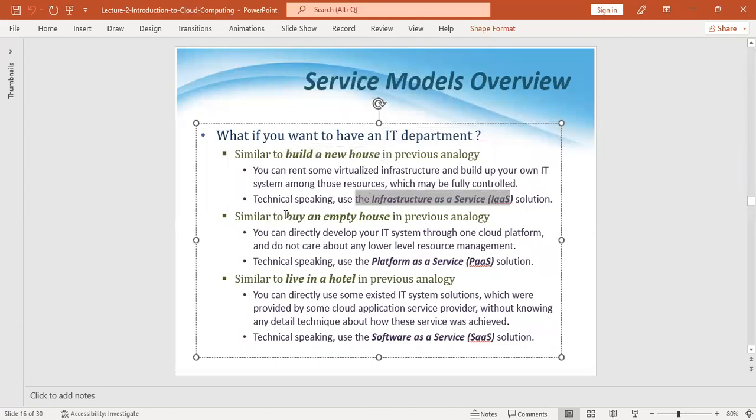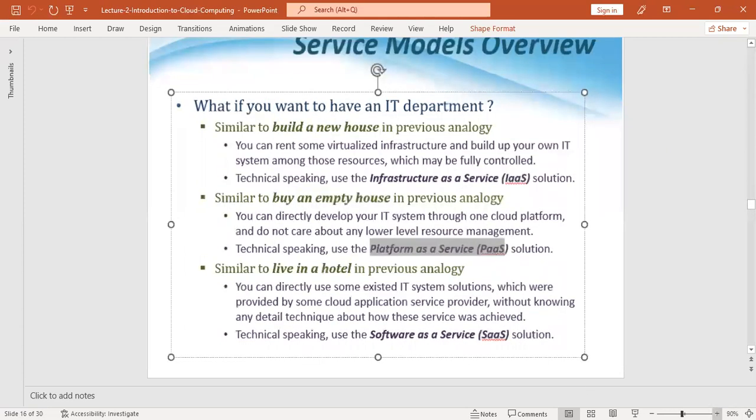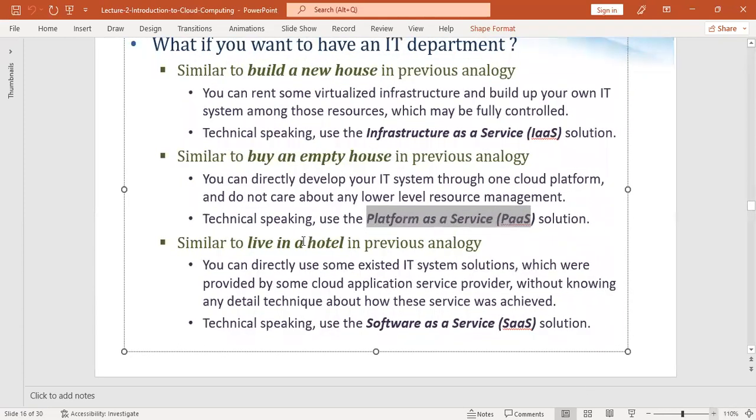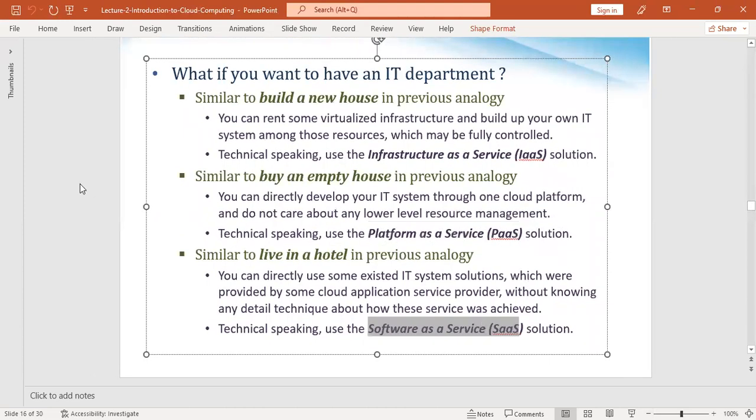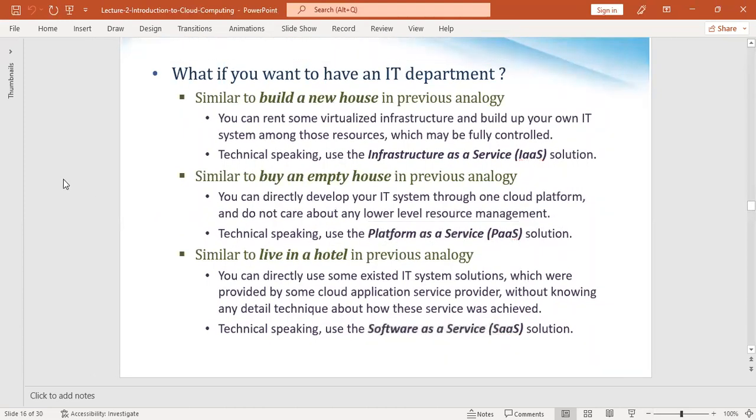If I want to buy an empty house, this will relate to platform as a service. And if I want to live in a hotel, then this would be like software as a service. So I hope you got an idea of what service models are followed in cloud computing. You can simply relate to this analogy.